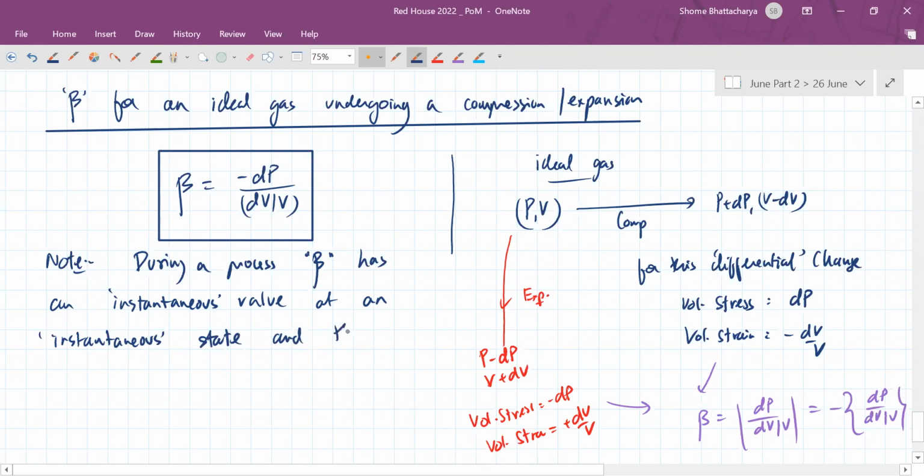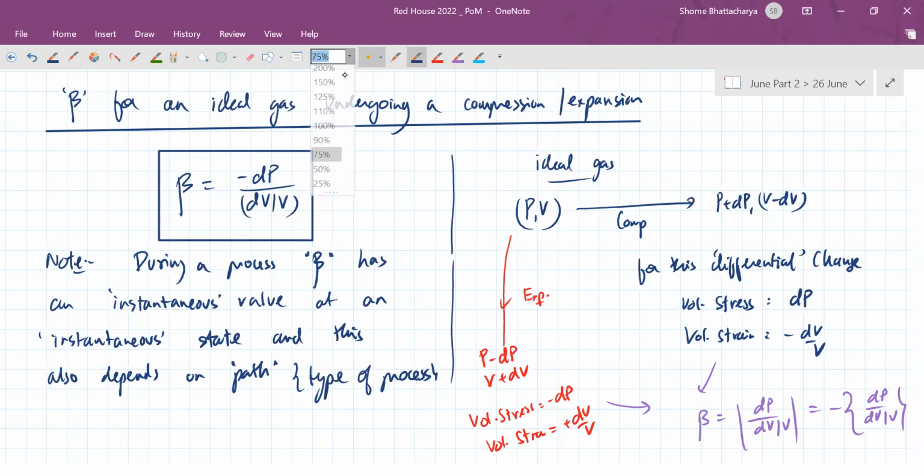And this also depends on the path, that is, the type of process. So for example, obviously for an isobaric process, the bulk modulus is 0 because there is no change in pressure.